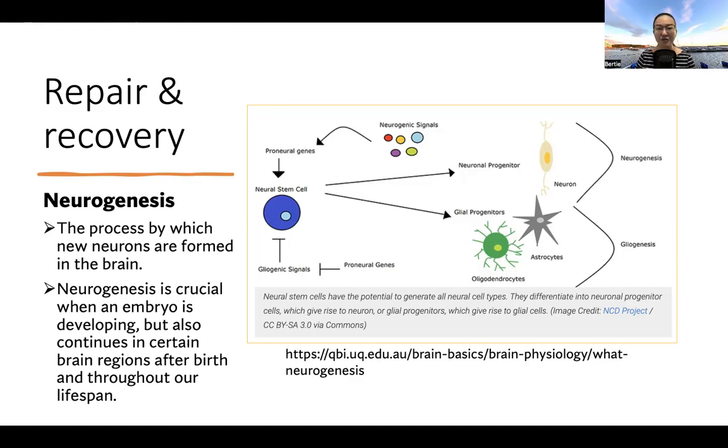You can see here the neural stem cell, proneural genes, and then gliogenic signals from neural genes. They are divided into neuronal progenitors and glial progenitors. Here is the neuron, astrocytes, and oligodendrocytes. Neurogenesis, gliogenesis.